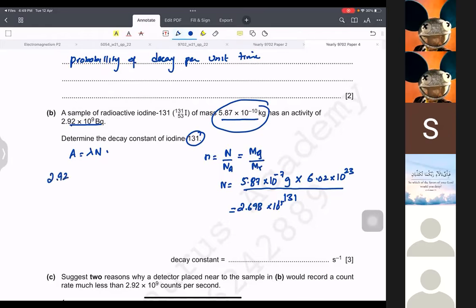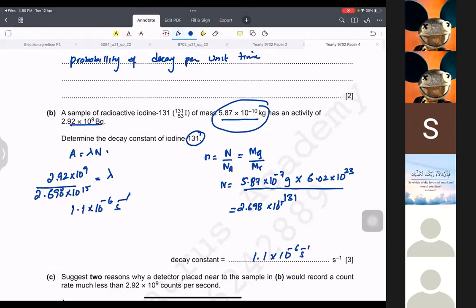Activity is 2.92 times 10 raised to 9. You divide it by 2.698 times 10 raised to 15, and the answer is 1.1 times 10 power minus 6. Okay, that's cool. So we get the answer.